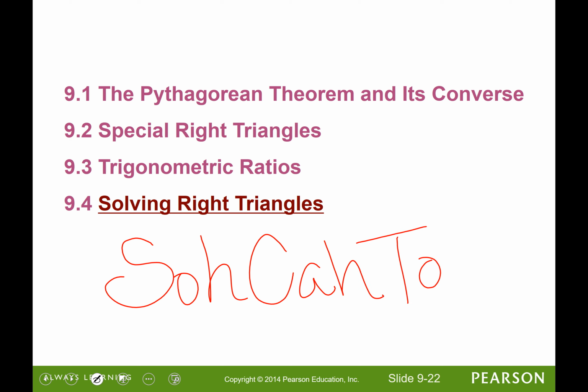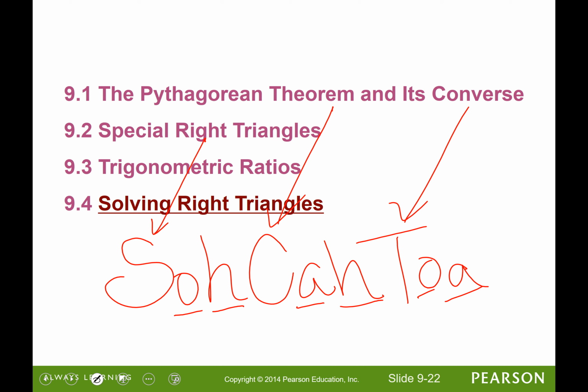SohCahToa. Think about that. What did the S, the C, the T, the O's, the H's, the A's, what do you think those represent? If you said S is for sine of opposite over hypotenuse, C is for cosine of adjacent over hypotenuse, and T is for tangent of opposite over adjacent, then you picked up on that abbreviation.